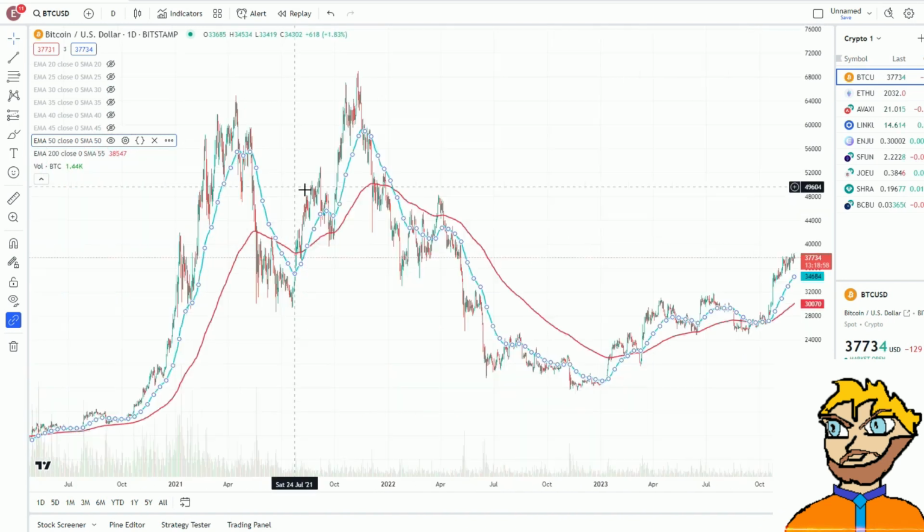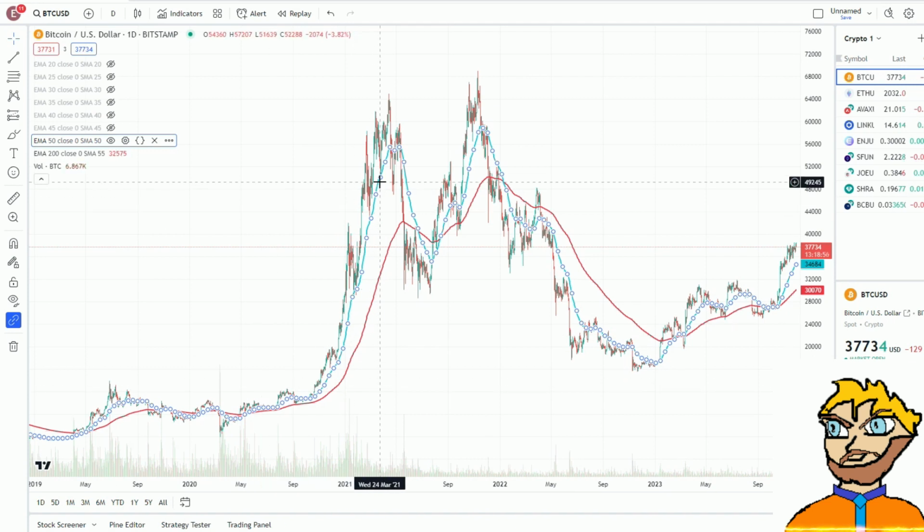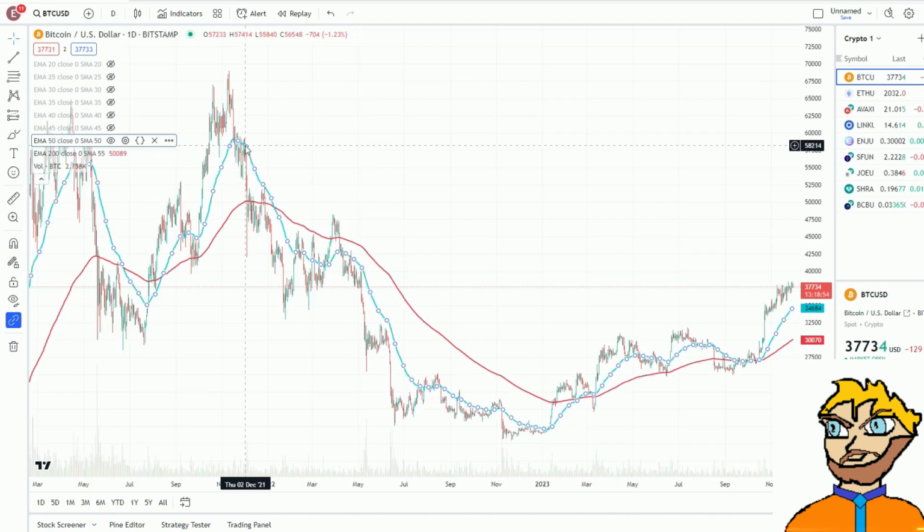You see here, from the last bull market we went up, and then the blue line crossed downwards, crossing the 200-day moving average, the red line, to the downside, and we had a major bear market.